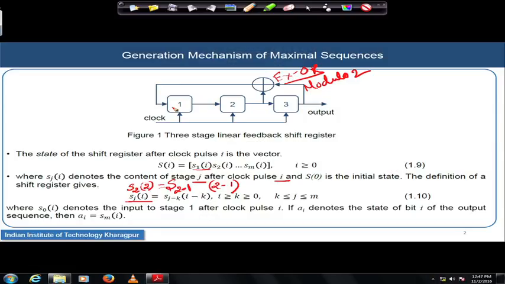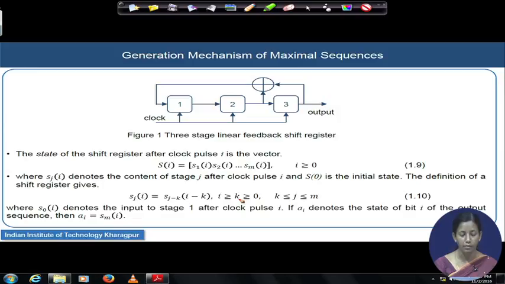This equation holds good if k is greater than 0 and less than i. When I am talking about the ith clock pulse, I can get the value stored during the (i minus k)th clock pulse. k can never be greater than i, and k should also be less than j, and the stage you are asking about should be less than the maximum number of stages in your design.